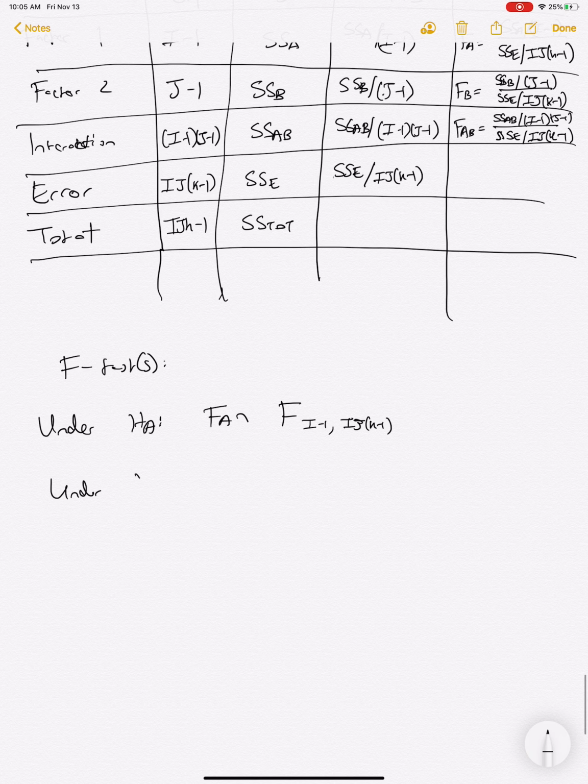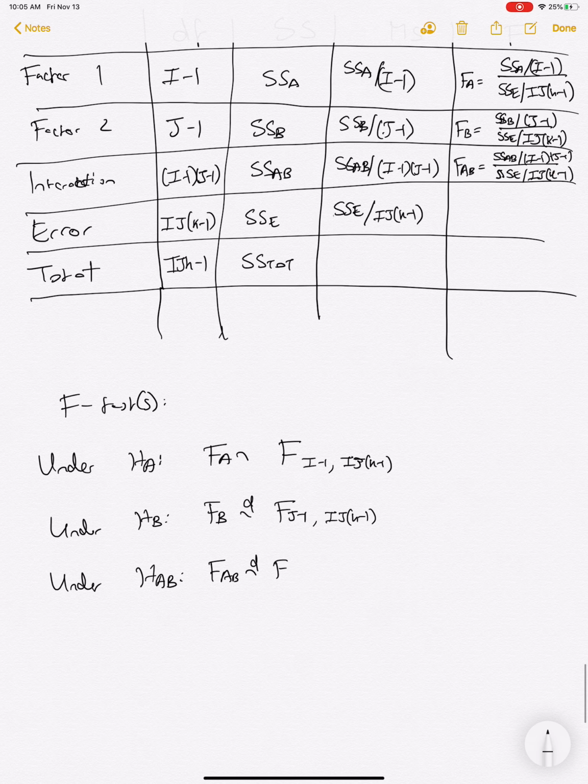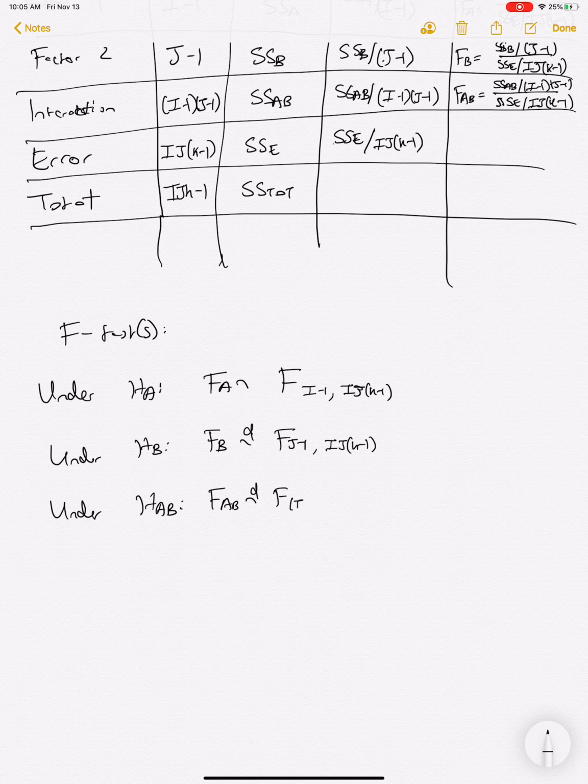Then under the second null hypothesis, FB is F with j minus 1 and ij times k minus 1. And then under the third null hypothesis, which is HAB, FAB should have an F distribution which has I minus 1, j minus 1, and then ij times k minus 1. So this gives you a simple way to do these different tests.